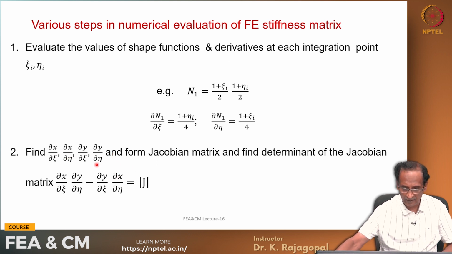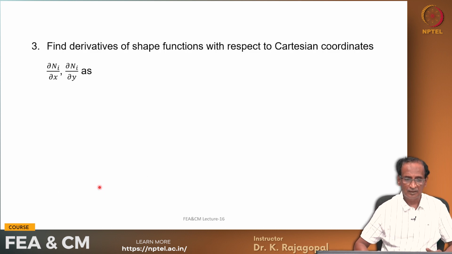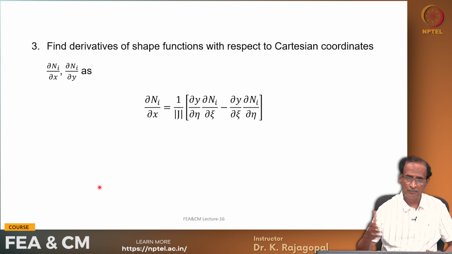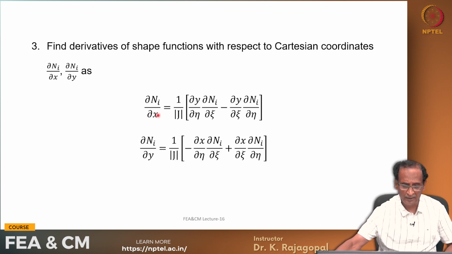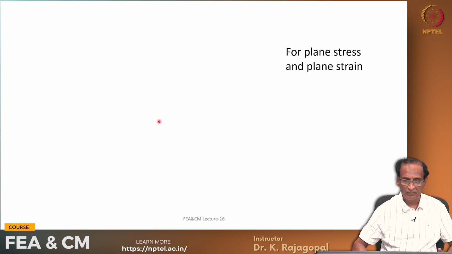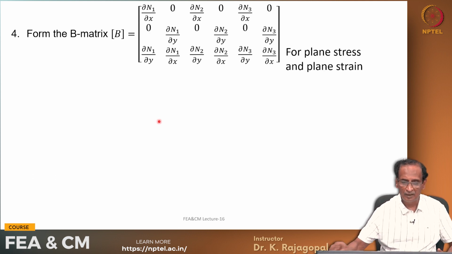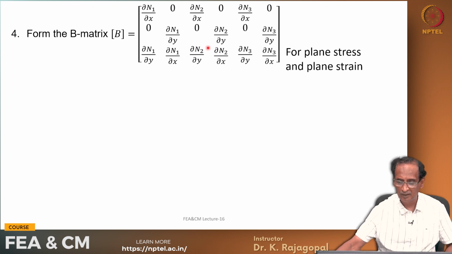And then we find the determinant of the Jacobian matrix, and then after that we can find the shape function derivatives with respect to x and y, or the Cartesian coordinates, and then we can write our B matrix in terms of the shape function derivatives, and this particular one is for plane stress and plane strain, dou n by dou x, dou n by dou y, and so on.